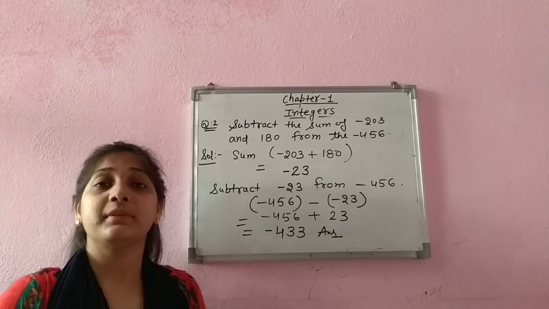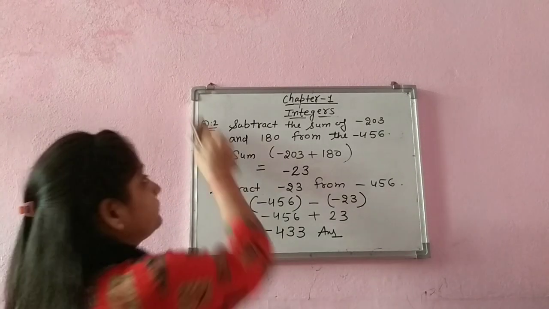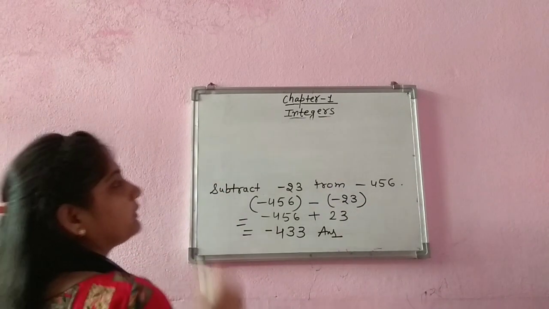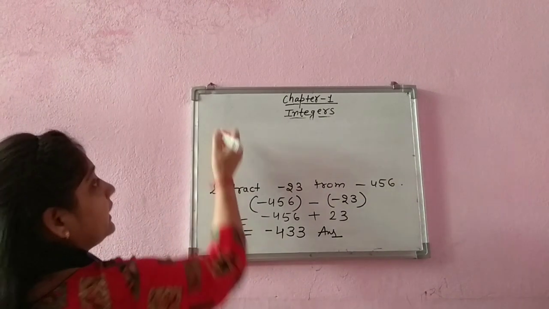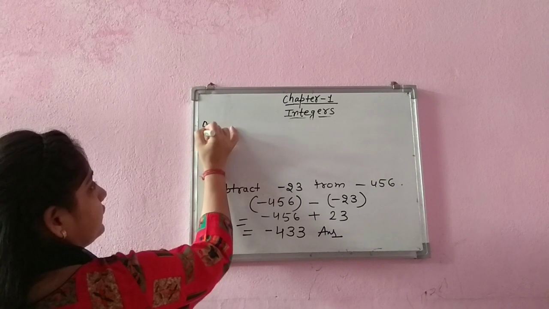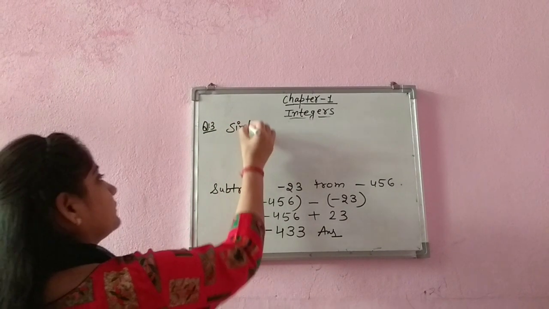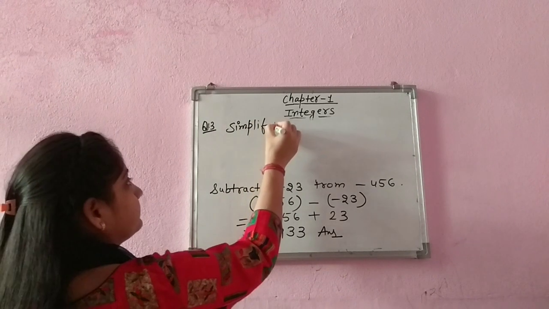Now, the next type is simplification. In simplification, any sign can be given to you, plus or minus. You have to just open the bracket and solve it using the rules of integers. Simplify.